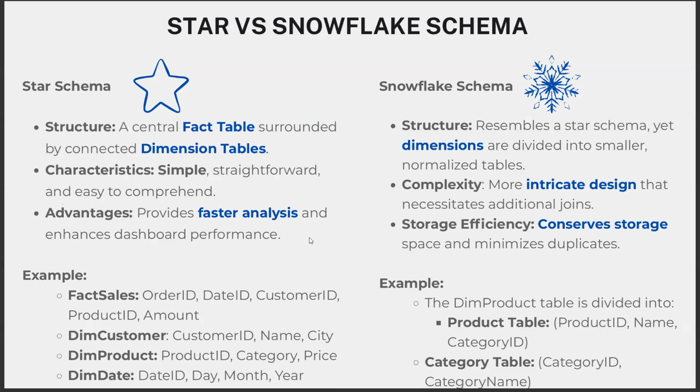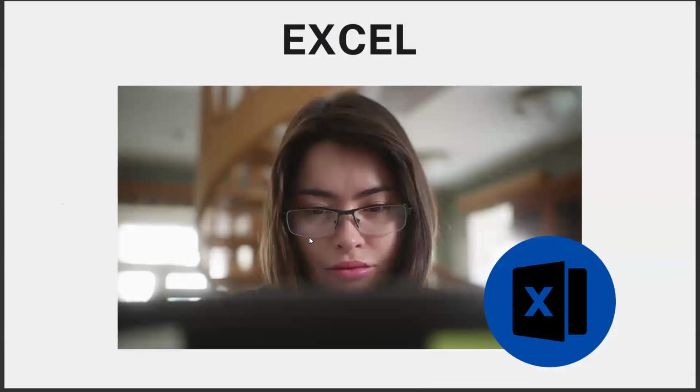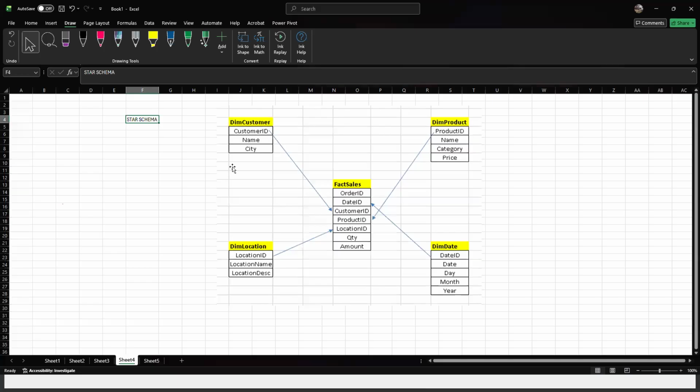All right, so now we know the difference between the star schema and the snowflake schema. Any questions before we dive into Excel, which is a completely different topic, okay? So we were talking about databases, data warehouse, transactional database, versus analytical database.